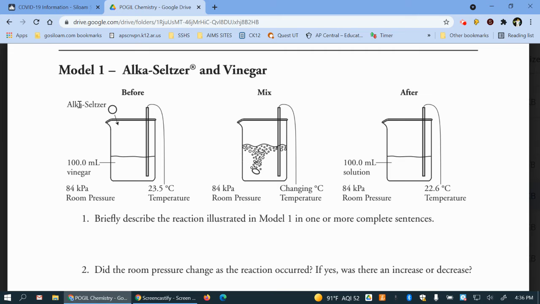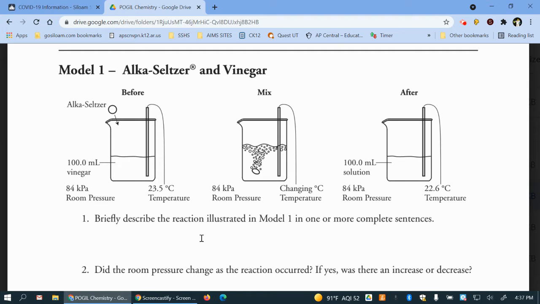And just real quickly, if you're not familiar with Alka-Seltzer, it's a medicine that you put into water usually. Here they're putting it in vinegar. And it effervesces, and then you drink it to cure like a stomach ache or a headache. So go ahead and answer number 1.